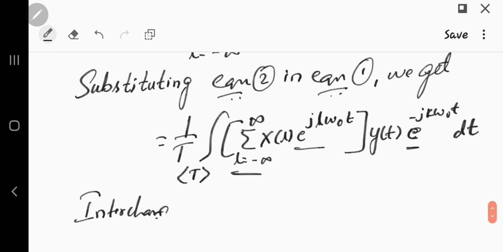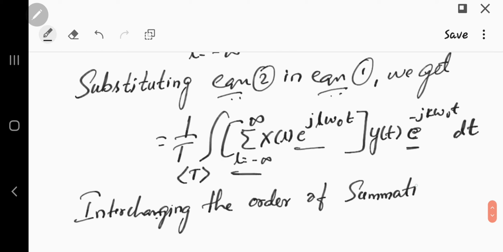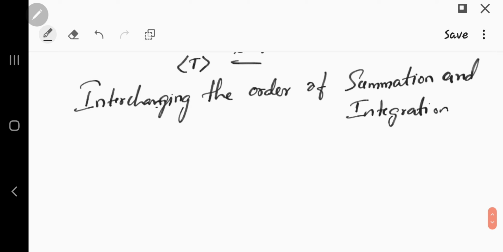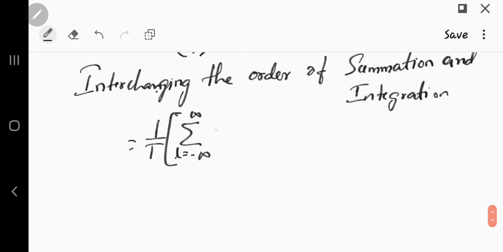So we change the order, interchanging the order of summation and integration. So that provides 1 by T into summation L equal to minus infinity to plus infinity x of L, integral of y of t.